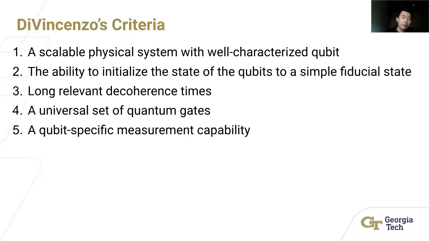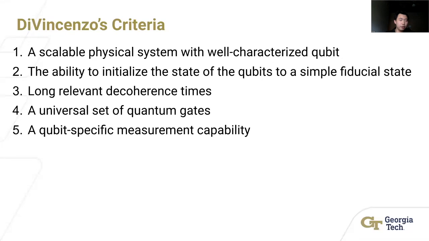So let's wrap it up. I have introduced the qubit, quantum gate, and measurement. So in order to do a quantum computation, in order to make a quantum computer, these are the 5 criteria people usually refer to. You have to have a well-characterized qubit, a 2-level quantum system. And second, you have to initialize it.